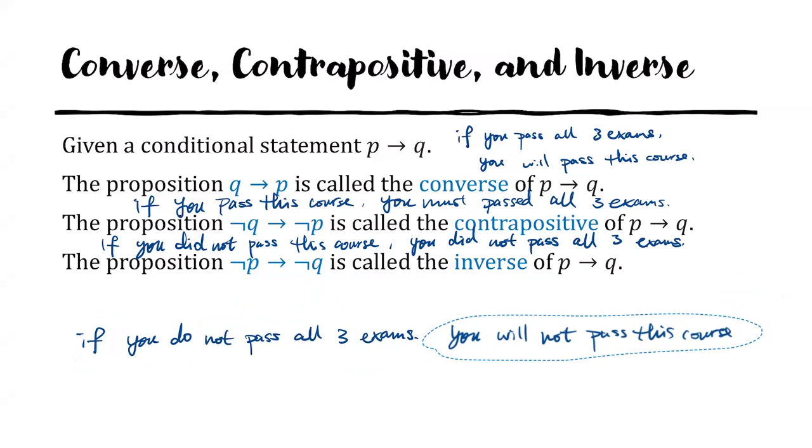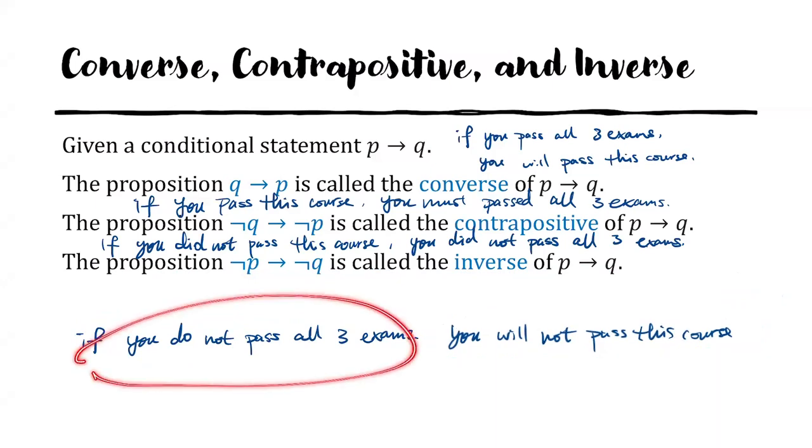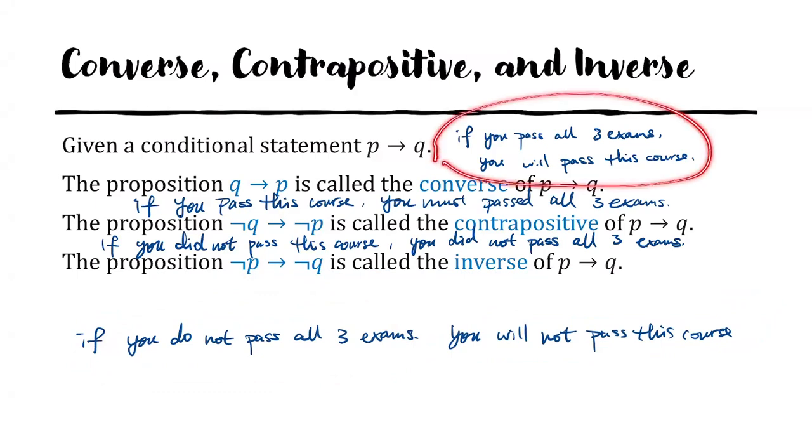So what does it say? If you fail any of the exams, you will not pass the course. Because that's what the statement here is saying. Is that what we said here?